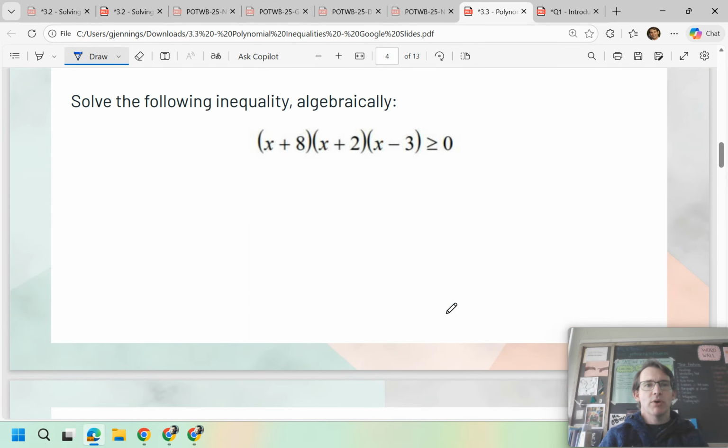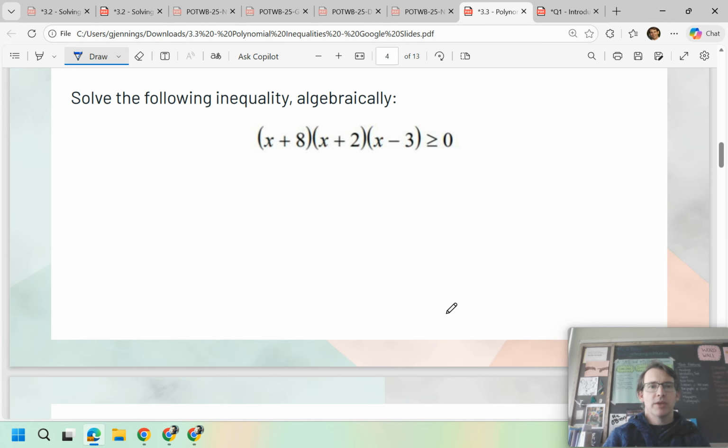So, if we wanted to look at something like this, we could say, okay, I'm going to just say f of x, just for ease of use, is equal to that function, and we want to know what values of x make this thing greater than or equal to 0. Well, we can do this algebraically by identifying where our zeros are.